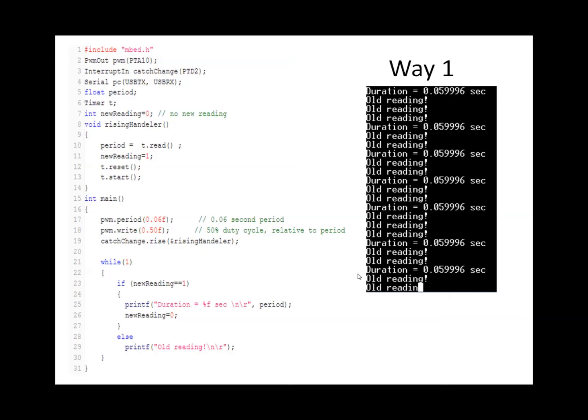Do you got me? Why am I doing new reading? Yes, if you are getting a measurement, it doesn't make sense to keep sending the same measurement. I did it once, and I sent it once, so why should I keep sending the same information?